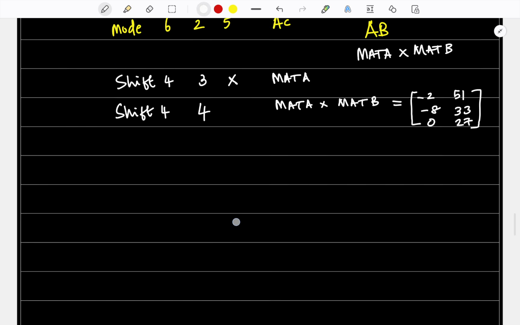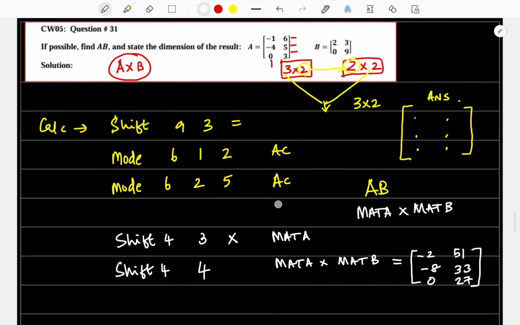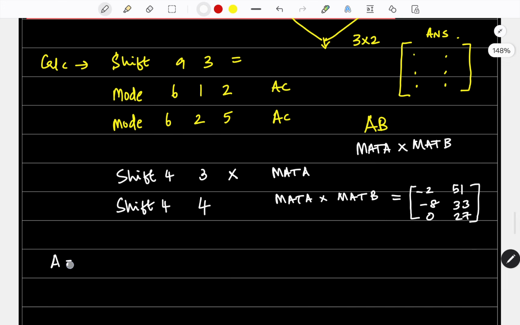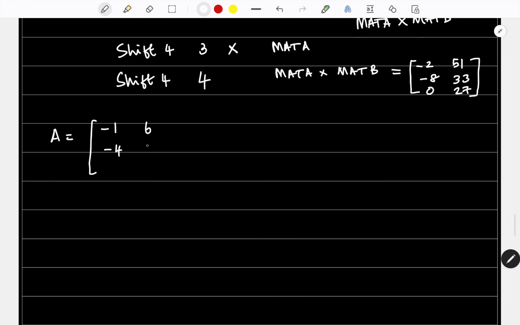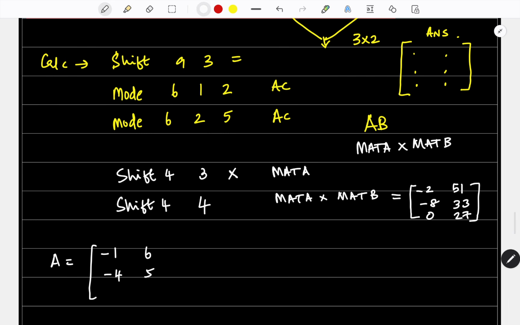So for the manual process, let me write the matrix again. A is -1 6, then -4 5, then 0 and 3.